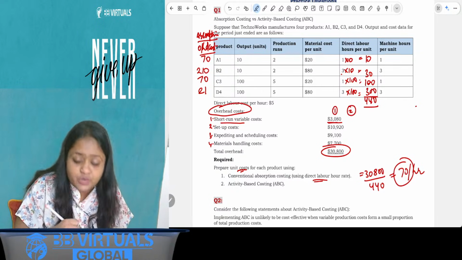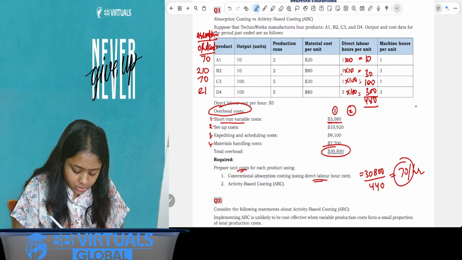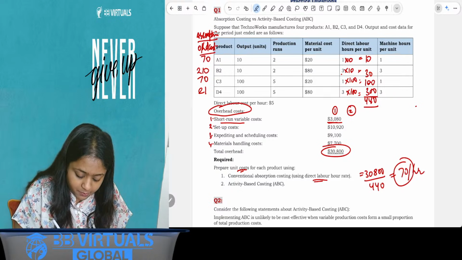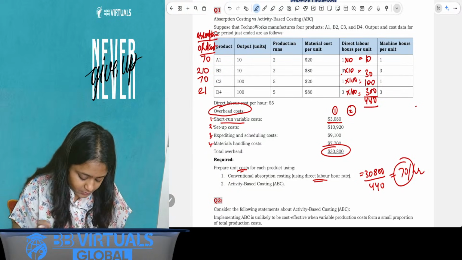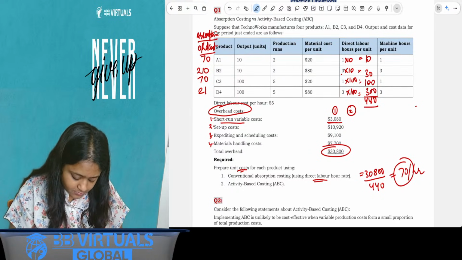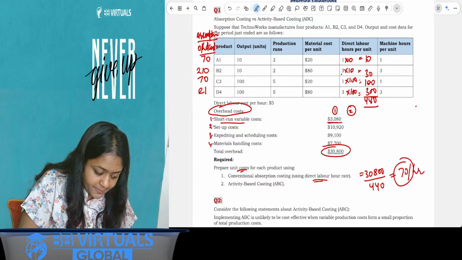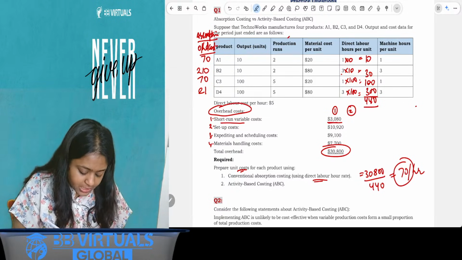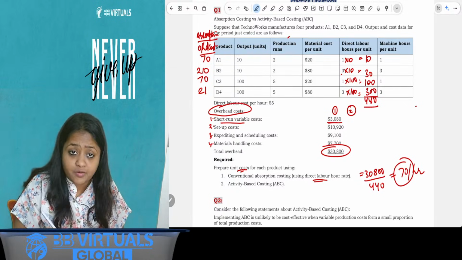Step 2 is identify the different cost drivers. Now the question tells me short run variable cost should be based on what? Setup cost will be based on the number of setups, which will be based on the number of production runs. So production runs are 2, 2, 4 and 5 and 5.